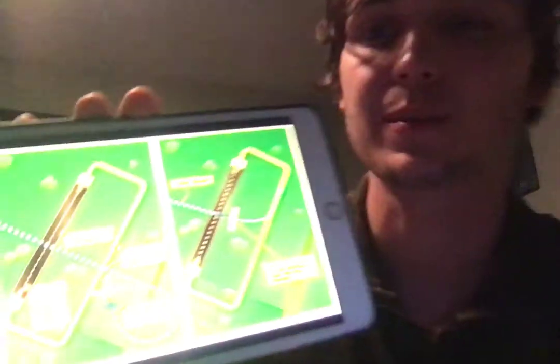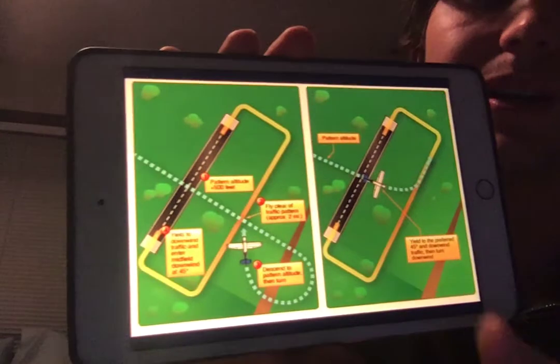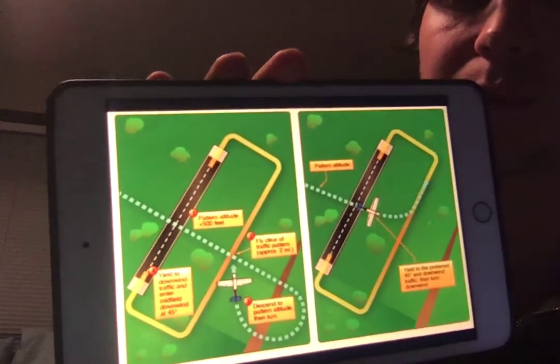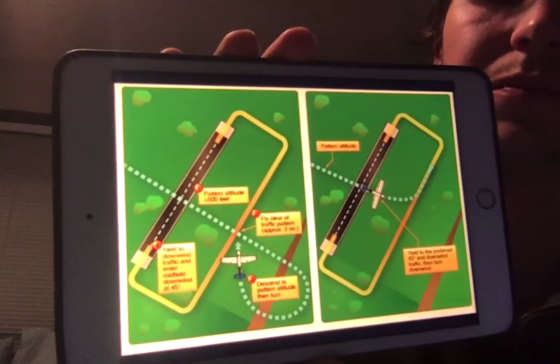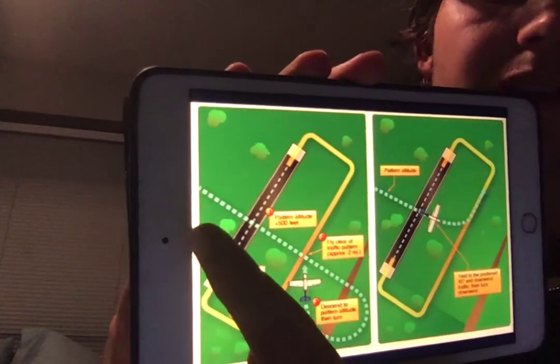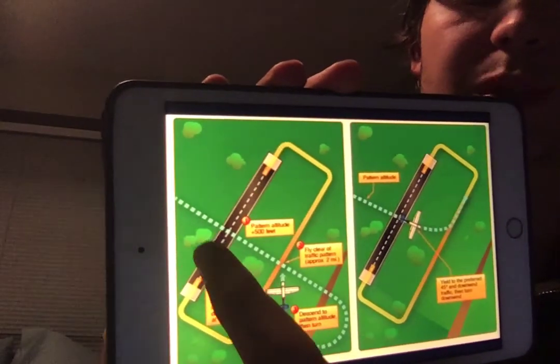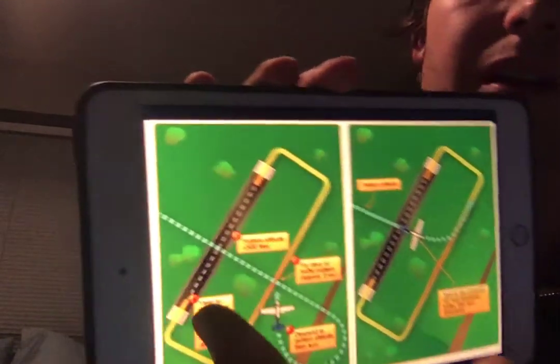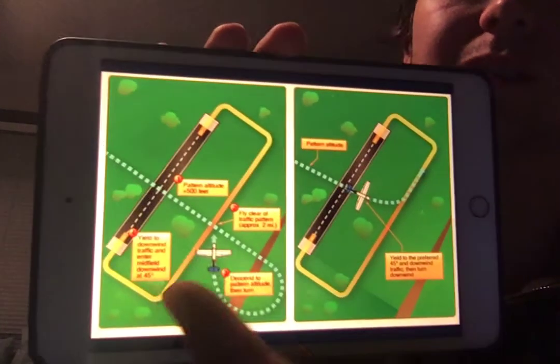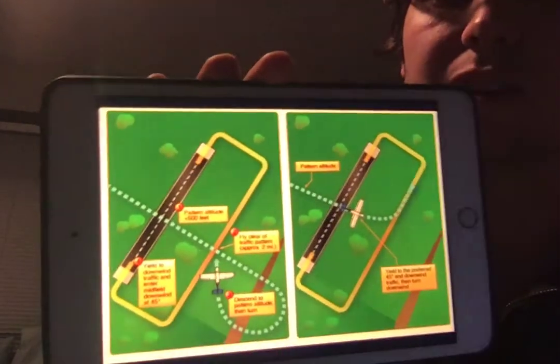You don't want to cross the runway or enter something like that at traffic pattern altitude. So, for example, you come across the runway here. So say traffic pattern is 1,000 feet. You'll come at 1,500 to 2,000 feet, and you want to tell everyone that you're doing this.